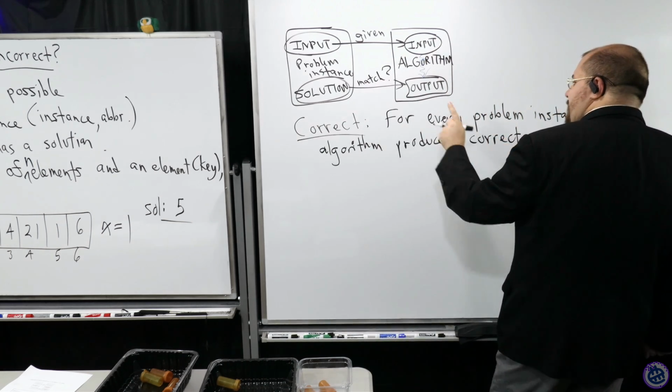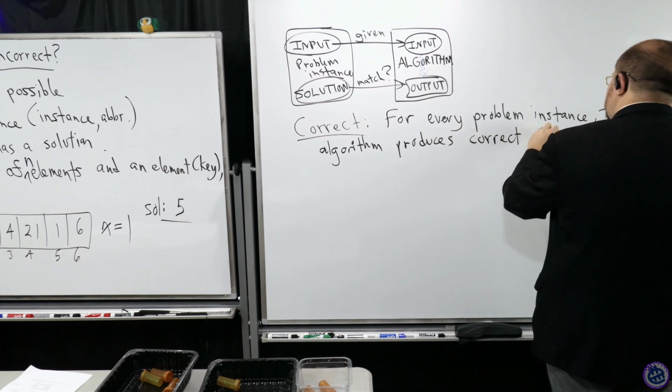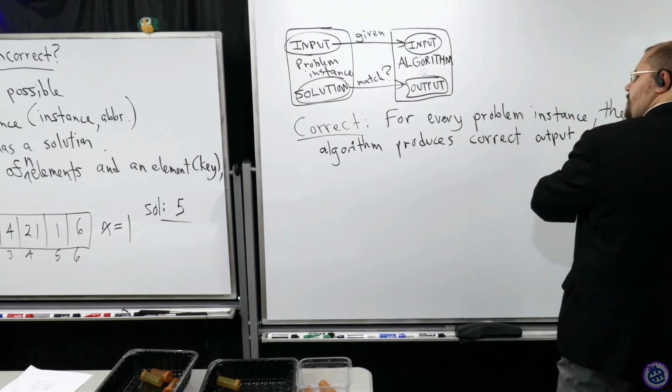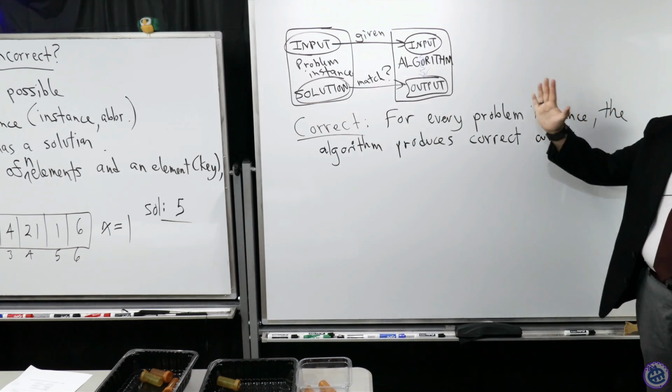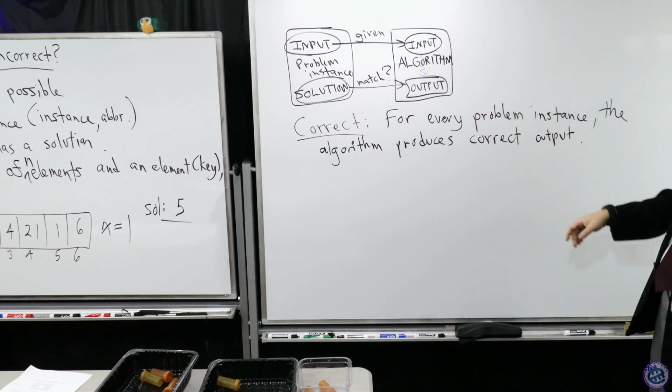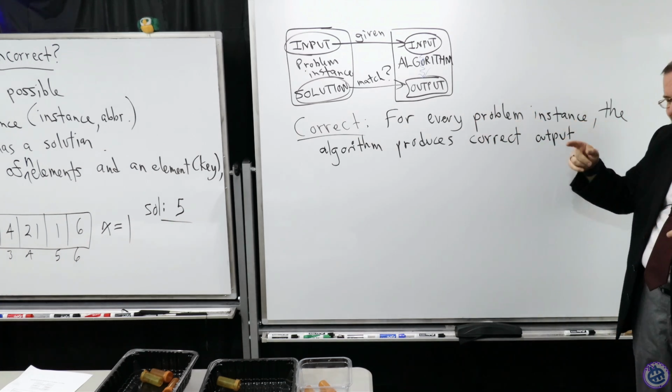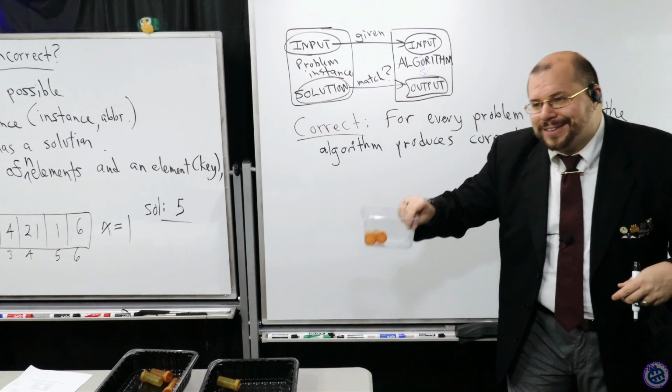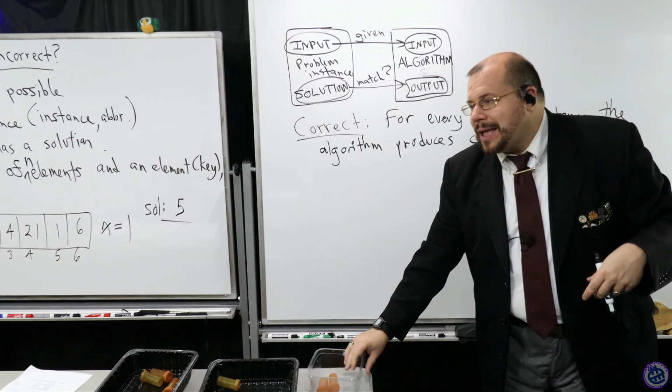It has to match the solution. So that's what it means for an algorithm to be correct. It means it solves the problem. It means I pick up any one of those dots, it goes in this bucket. It goes in the cha-ching bucket.